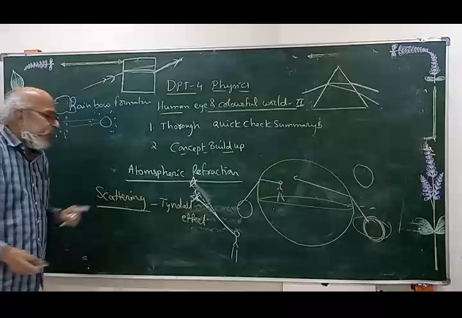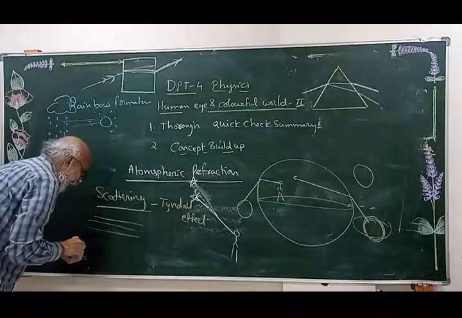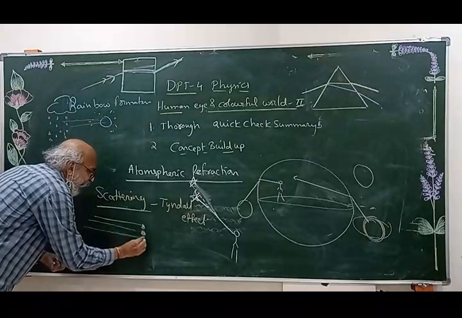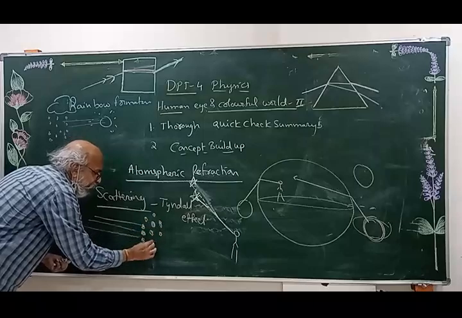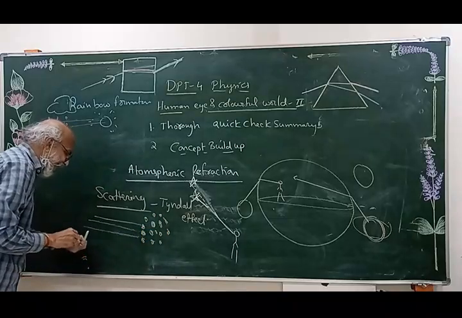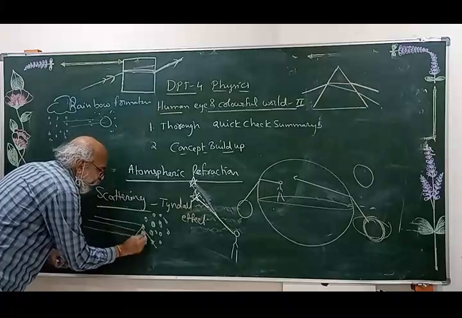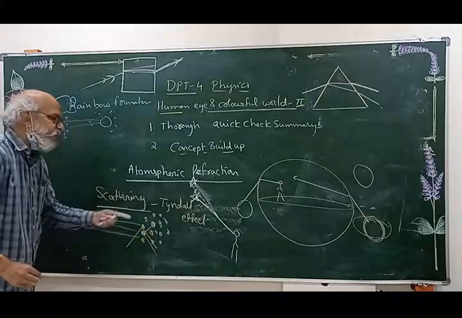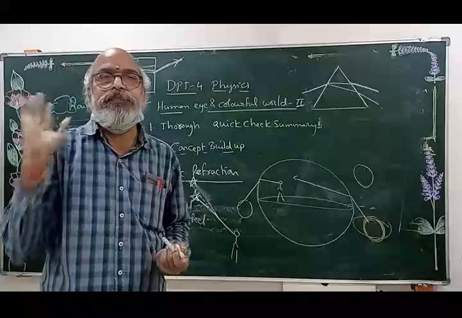So scattering means when sun rays are coming, they will interact with the particles of the atmosphere, or dust particles or colloidal particles of the medium. They will be redirected into different directions. This is called scattering, and it makes the path of the light visible.